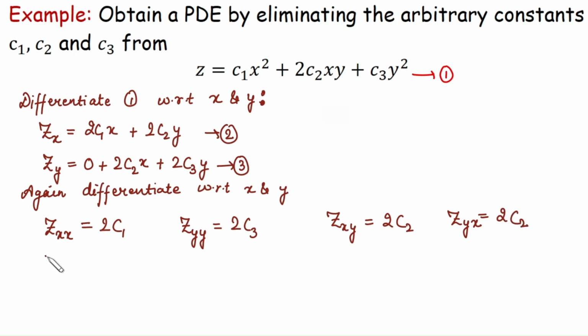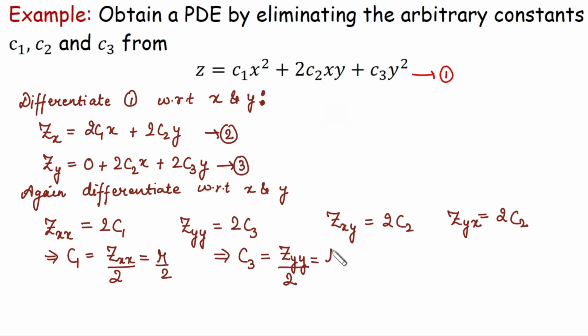So from here, we can conclude the constant c1 is equal to the second order derivative of z with respect to x divided by 2, and in general, we write this as r by 2. The value of c3 is the second order derivative of z with respect to y divided by 2, and the symbolized form of this is t by 2. The symbolized form of the two mixed derivatives is the same, that is s.